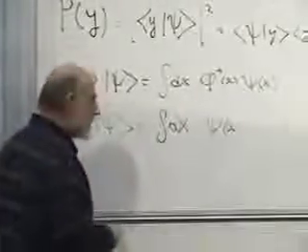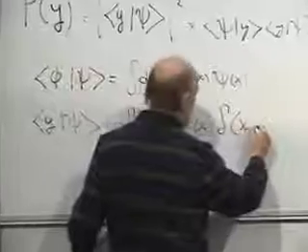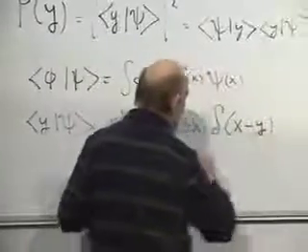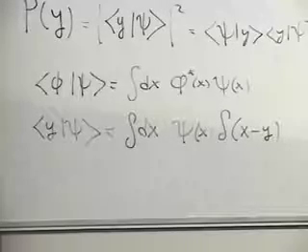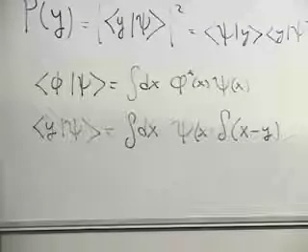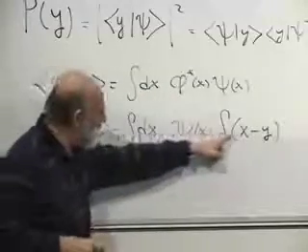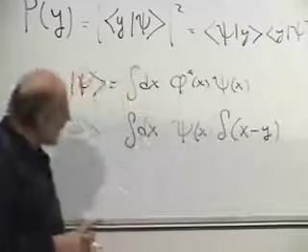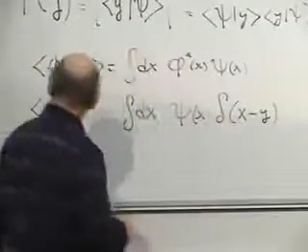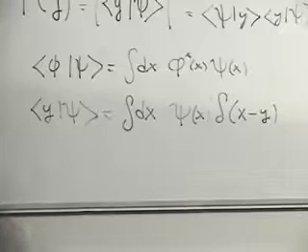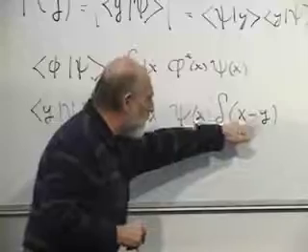A particle known to be at y, its wave function is 0 unless x is equal to y, and the delta function, it's 0 unless x is equal to y. So the phi vector here is just delta of x minus y. This is the wave function of a particle known to be at y.